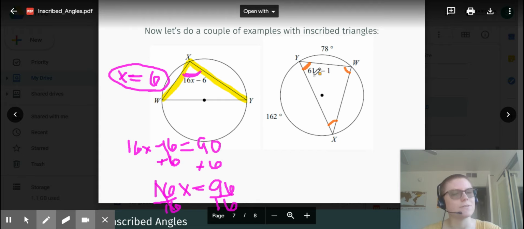So we've got 78. Half of 70 is 35, half of 8 is 4, and 35 plus 4 is 39. Then 162: half of 160 is 80, half of 2 is 1, so that means this must be 81, both in degrees. And we know that since this is a triangle, they all have to add up to good old 180.